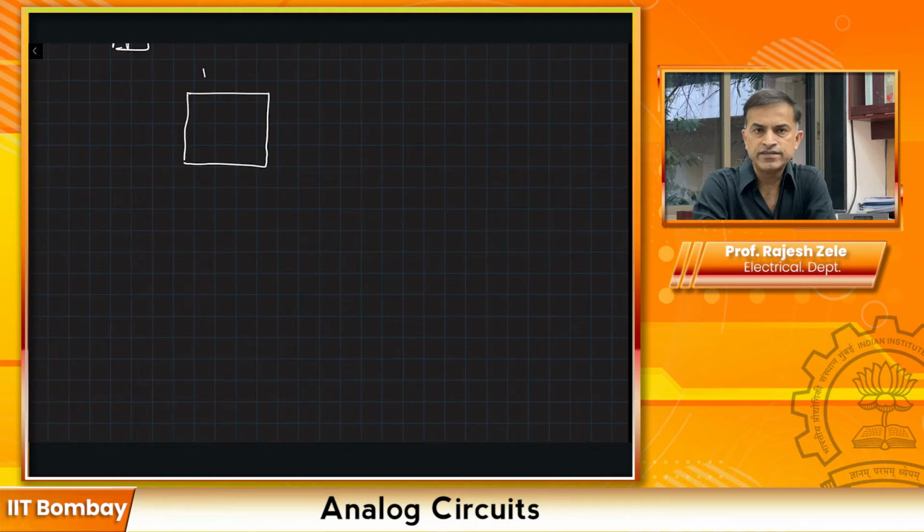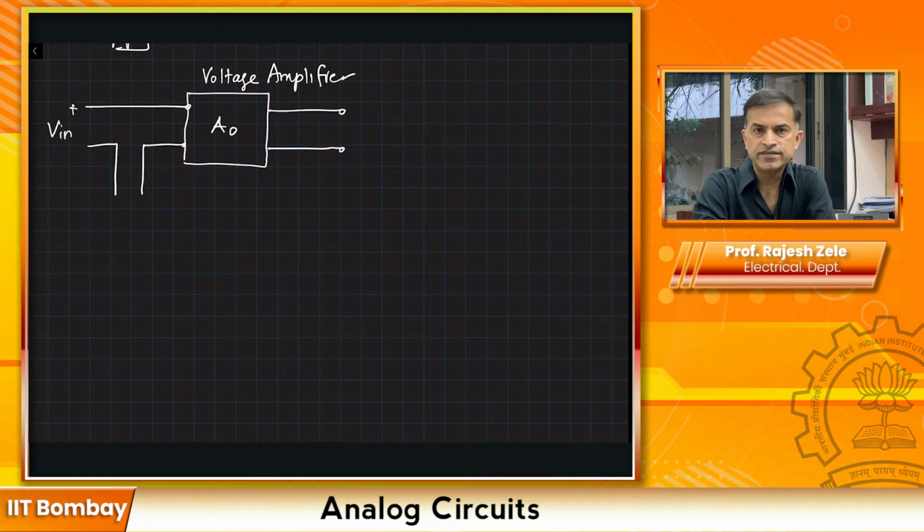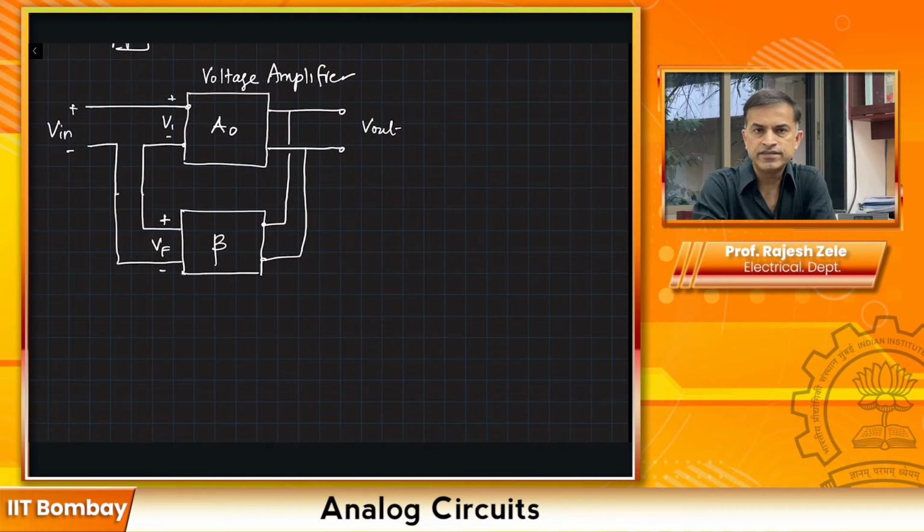So we have a voltage amplifier. If you look at this picture now, we have a voltage amplifier A0, which has Vi as input and Vout as output.